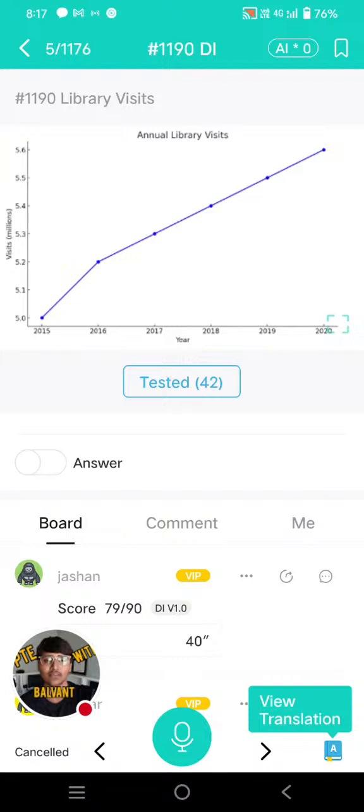Visits are shown in millions, whereas the maximum value is 2020 and the minimum value is 5.0. Blue, black and white colors are also observed in this image. It concludes this image is very interesting and informative.